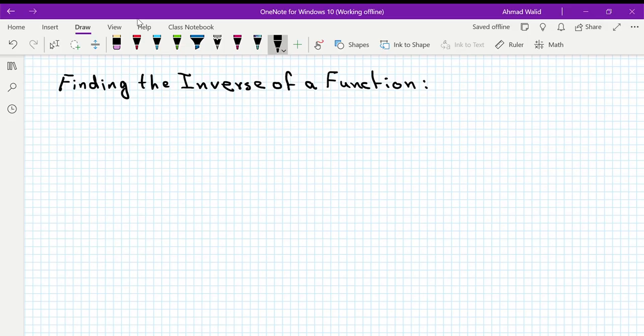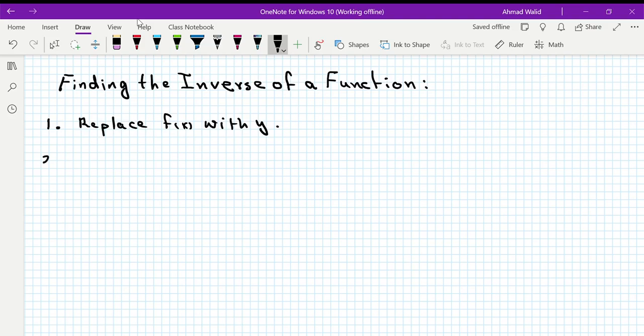Correct? Now, to find the inverse of a function, just follow these 4 steps. Step 1. If the function is given in the form of f of x, replace f of x with y. That's your step 1. Correct?